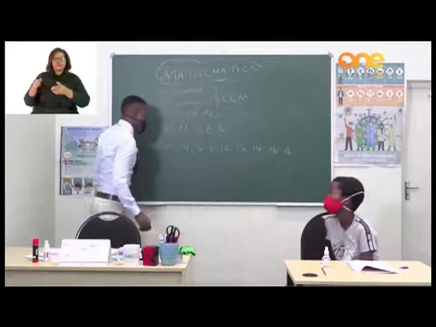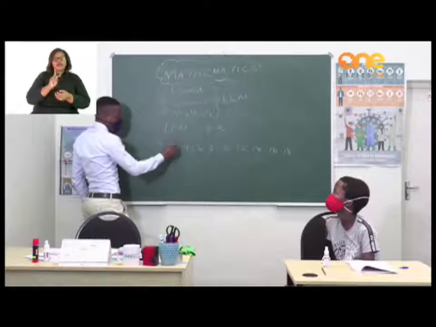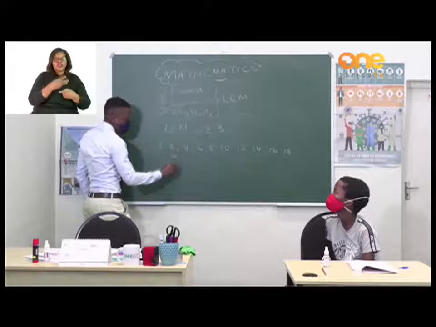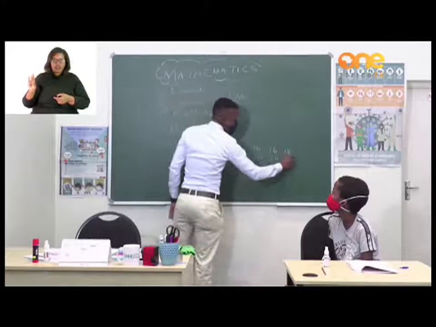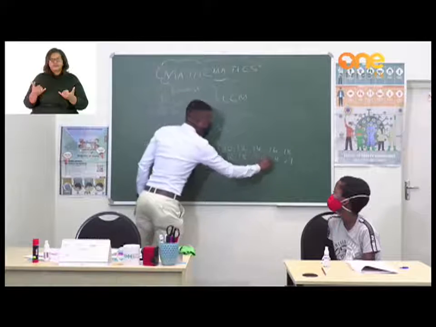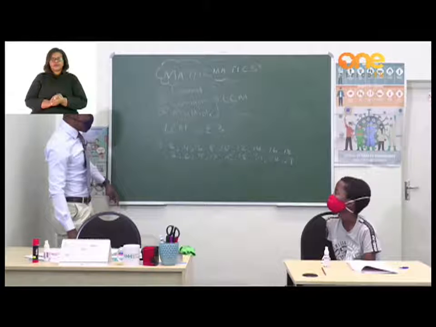Let me end there. And then I also have to look for multiples of 3, which is 3, 6, 9, 12, 15, 18, 21, 24, 27. These are lists of numbers.